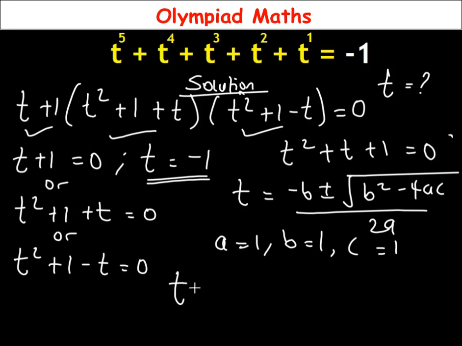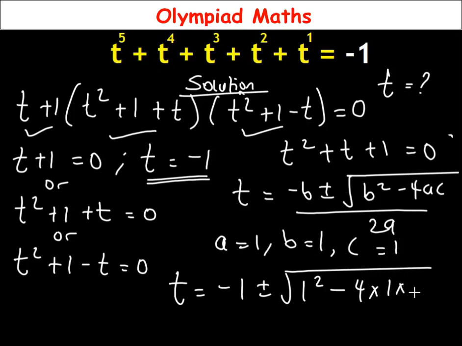So t is then equal to minus b, b is 1, so minus 1, plus or minus square root of b is 1, so 1 squared minus 4 times a is 1 times c is 1, then all over 2 times a is 1.